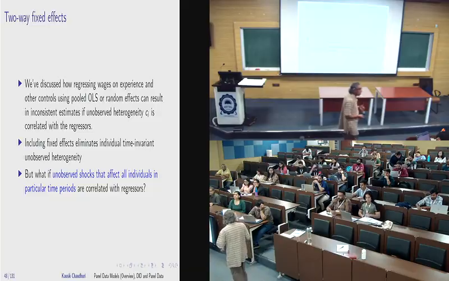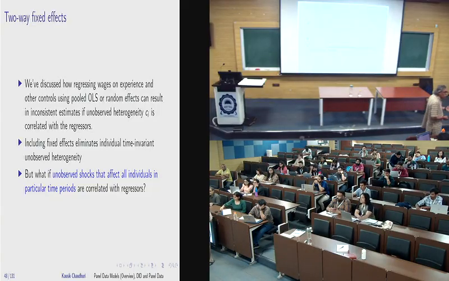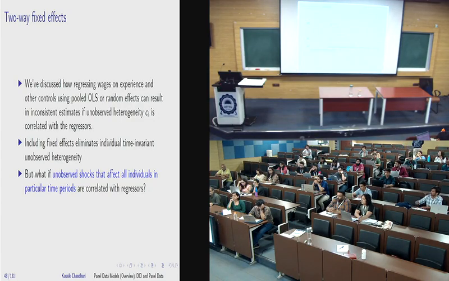One way to think about it is that there could be macro shocks which occur and I don't have any control for them, but the macro shocks affect all the units in the panel, given it's a macro shock, exactly in the same fashion.